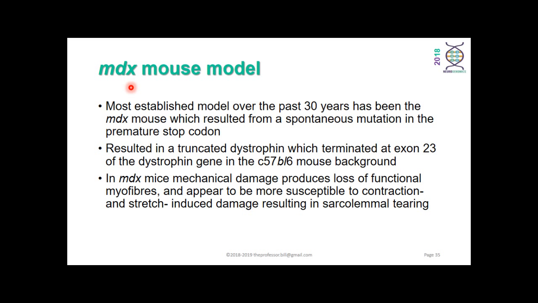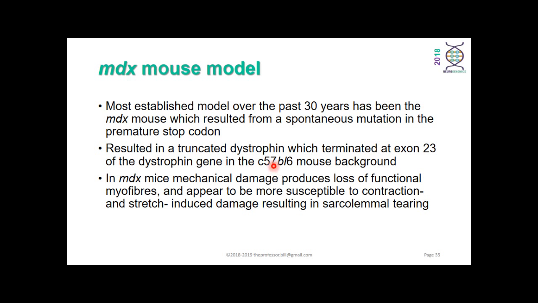In the MDX, we have exactly the same premature stop codon. So we also have a truncated form of dystrophin, not in the X chromosome here, but in exon 23 in the dystrophin gene, very similar to what we would see in the human.